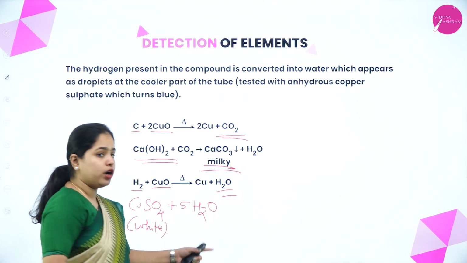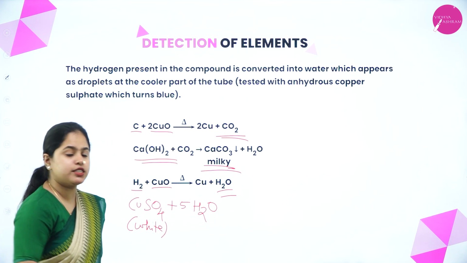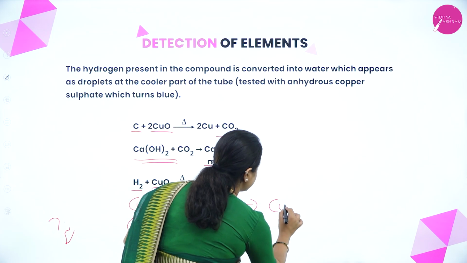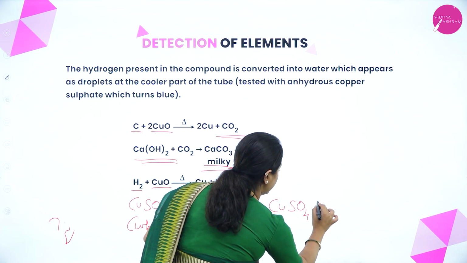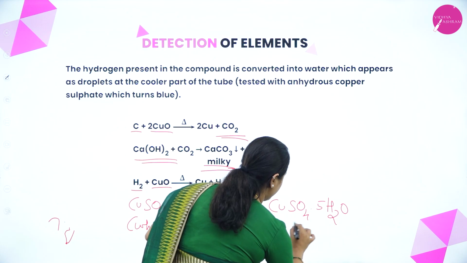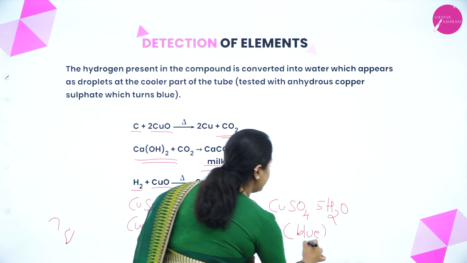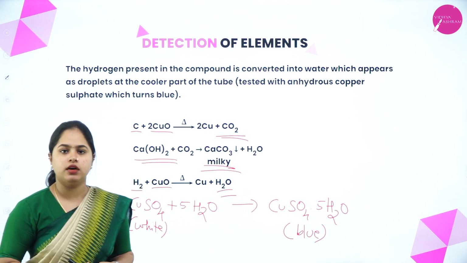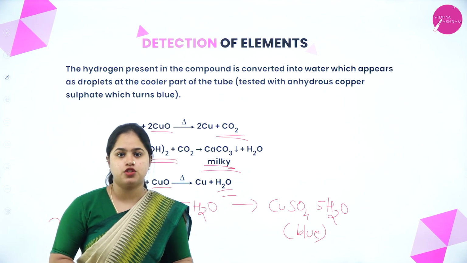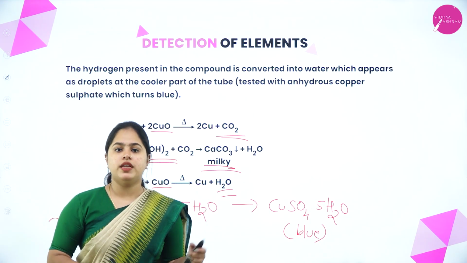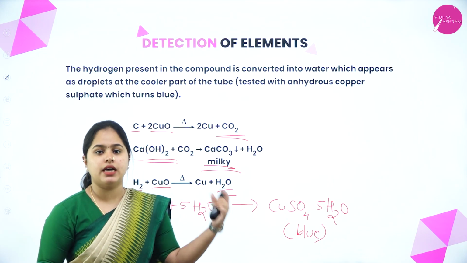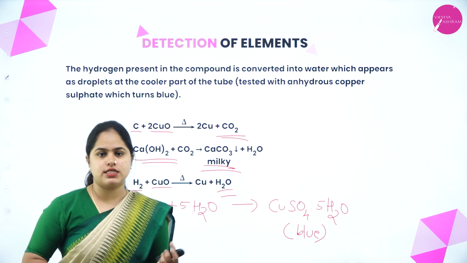If it forms a blue color, then we can confirm the presence of water as well, that is, the presence of hydrogen. So this is how we determine the presence of carbon and hydrogen using the copper oxide test.